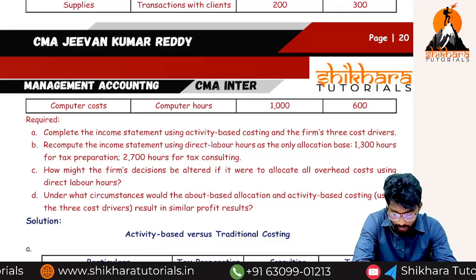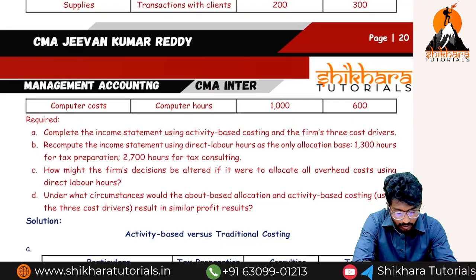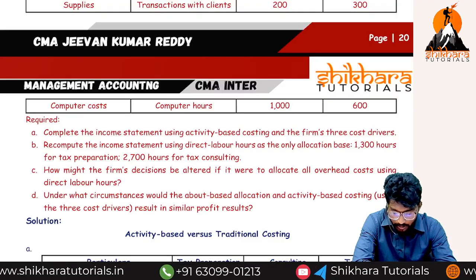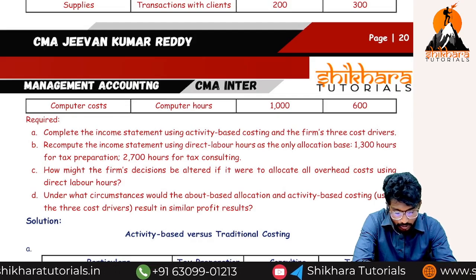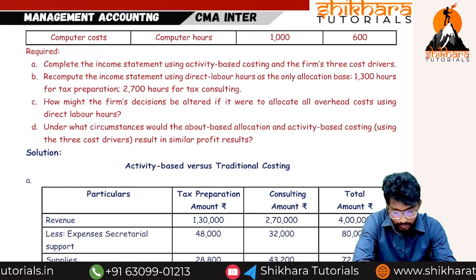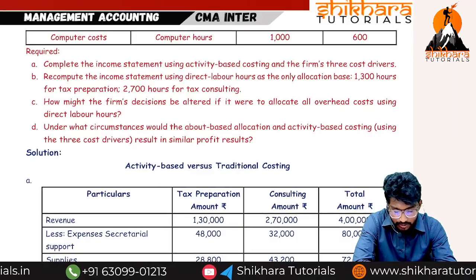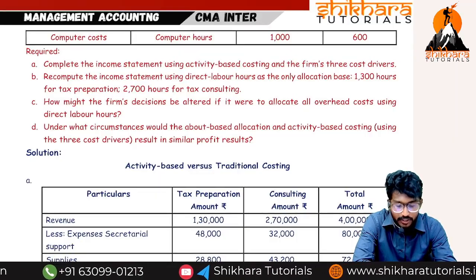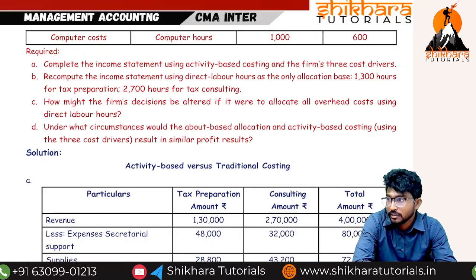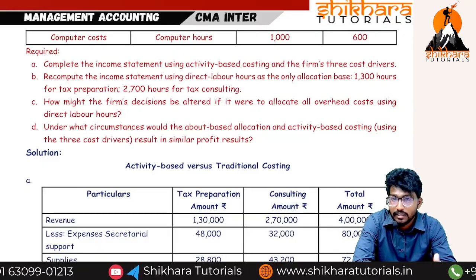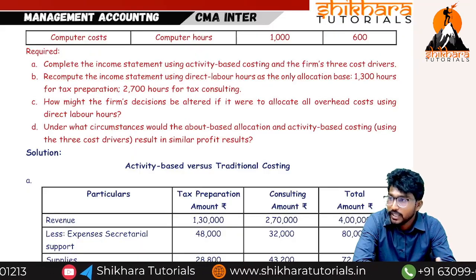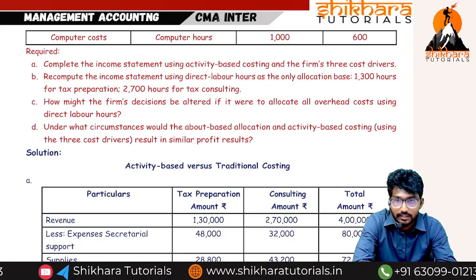How might the firm decision be altered if it were to allocate all overhead cost using direct labor hours? Under what circumstances would the above based allocations and activity based costing using the three cost drivers result in similar profit results? He asked under which circumstances the rates under activity based costing system and traditional costing system will be same.